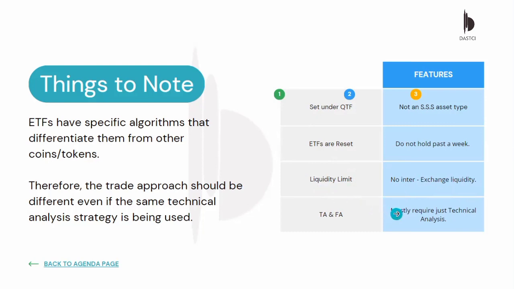So an ETF as well mostly requires just technical analysis. TA stands for technical analysis, while FA stands for fundamental analysis.